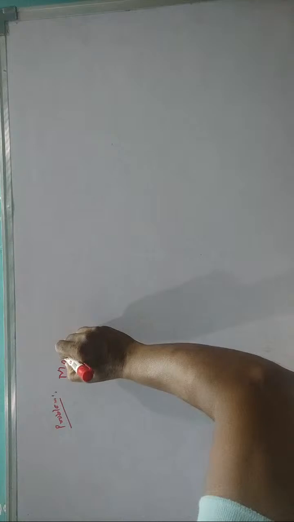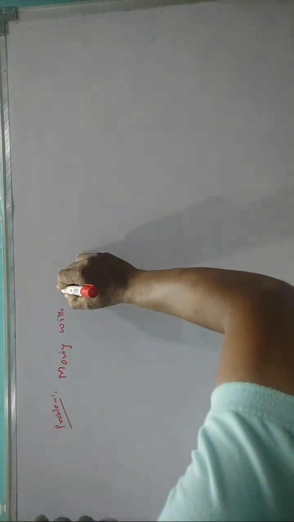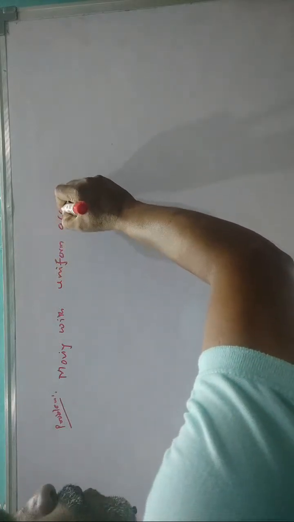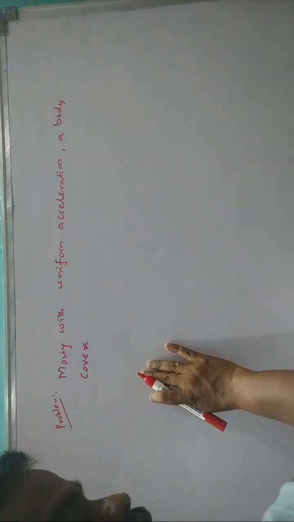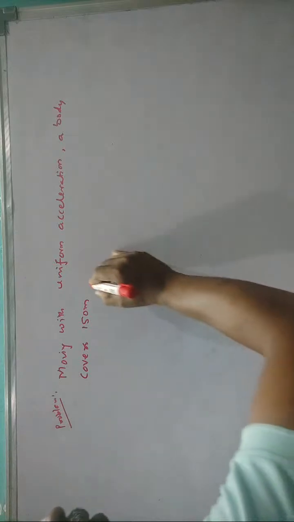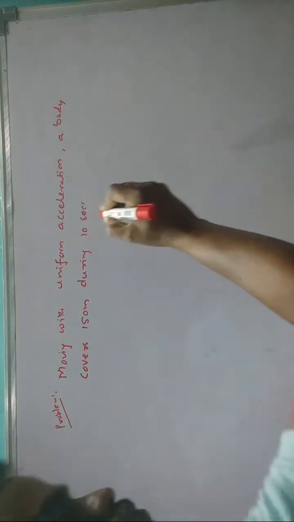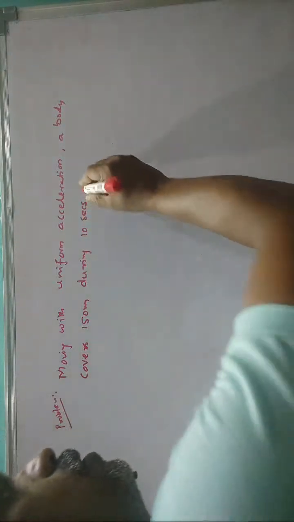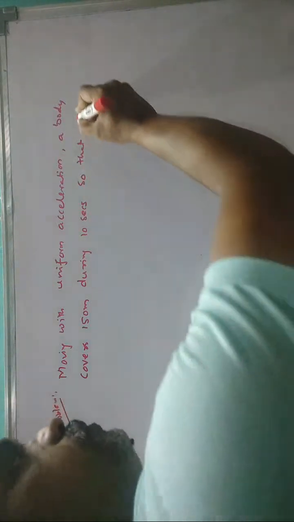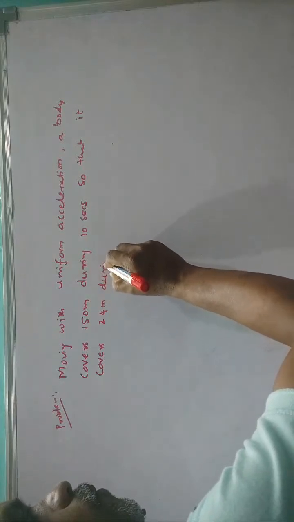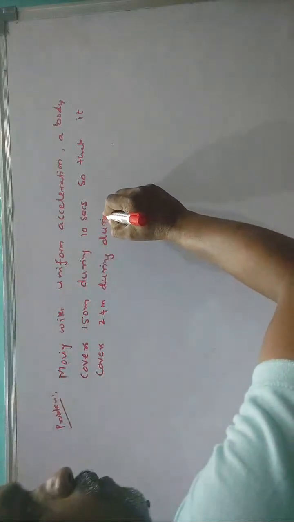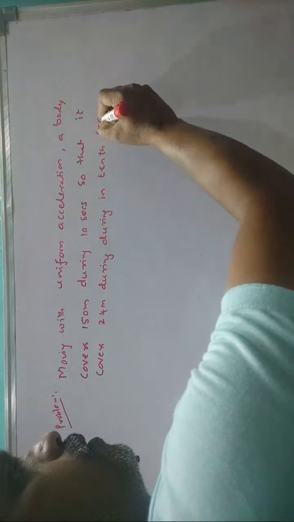Moving with uniform acceleration, a body covers 150 meter during 10 seconds, so that it covers 24 meter in the 10th second.